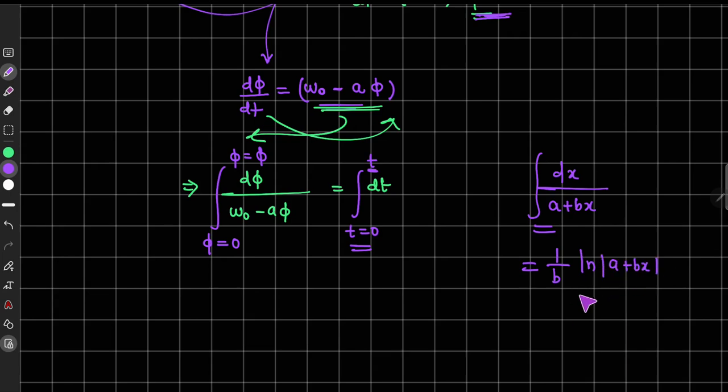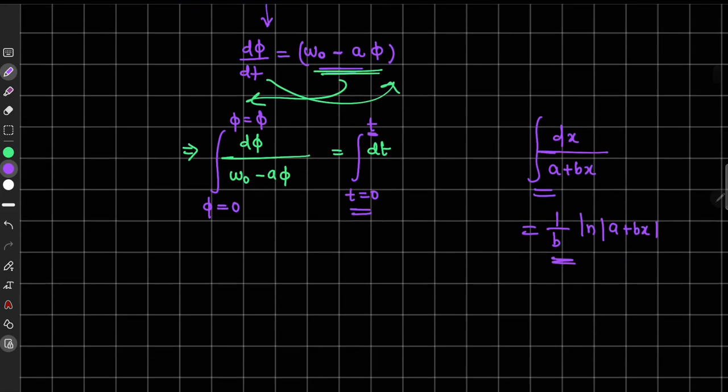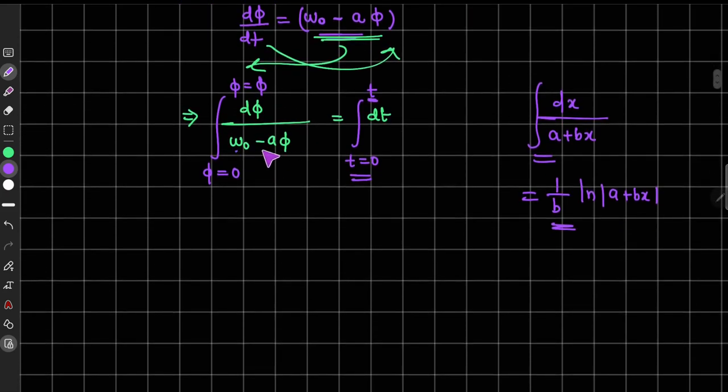Similarly, we can integrate omega naught minus a times phi. So we can write minus 1 upon a ln of omega naught minus a phi from phi is equal to 0 to phi, and on the right side the integration of 1 is t, so we get t from t is equal to 0 to t.